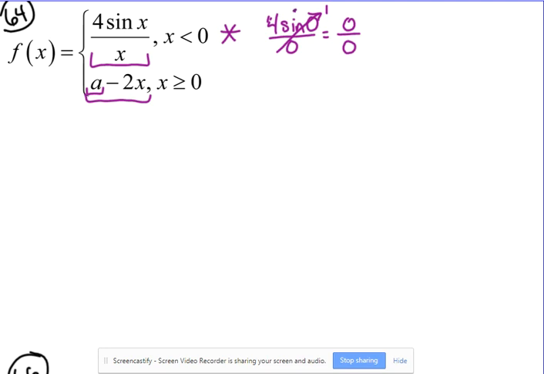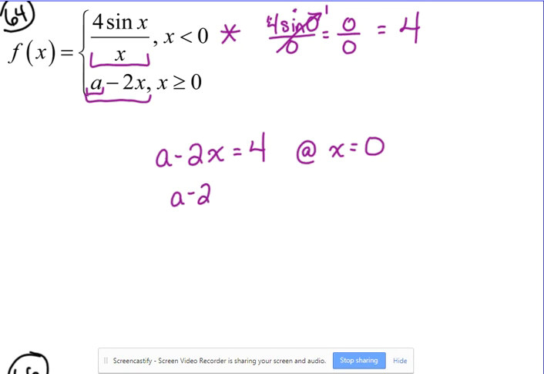So we've got 4 times 1. So the y value here is 4, or needs to be 4. There is a hole there, but that's where it would be. Okay, so that means that a minus 2x equals 4 at x equals 0. So we plug in 0 for x.